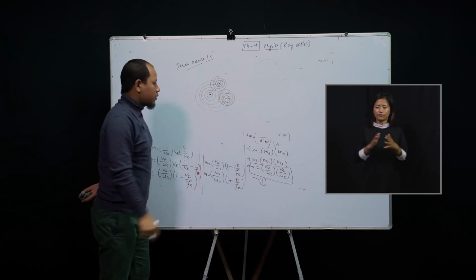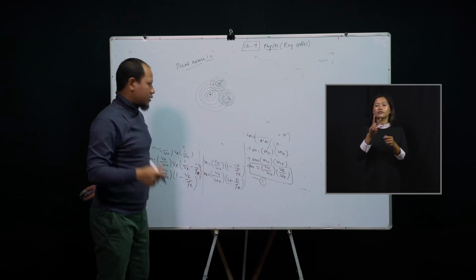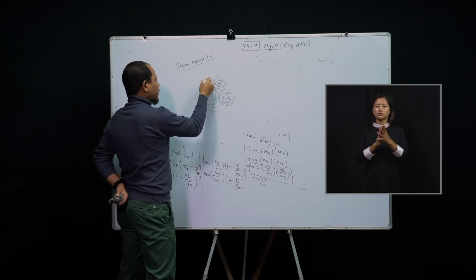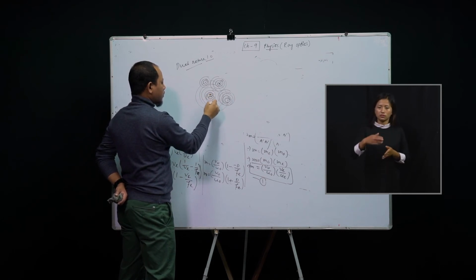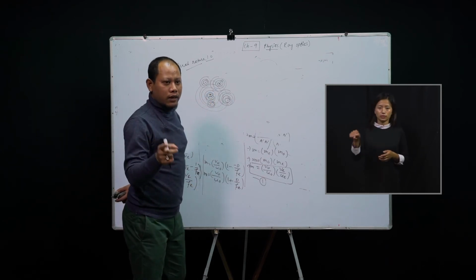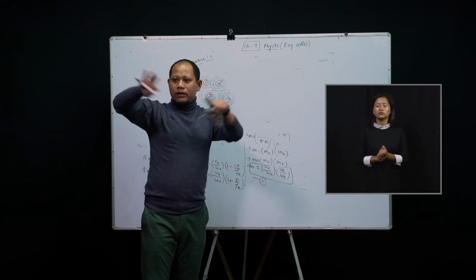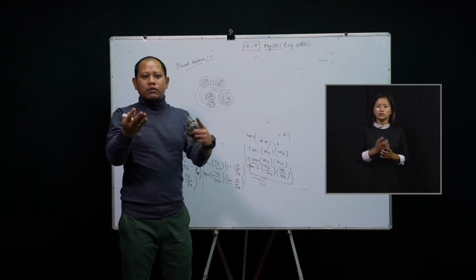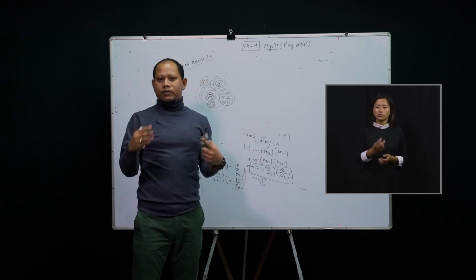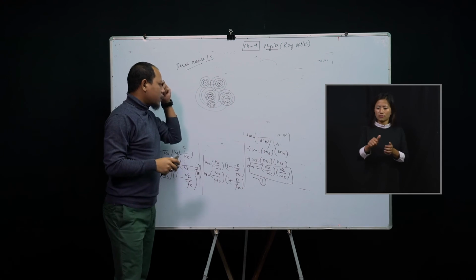These wavelets are called secondary wavelets. You get them everywhere. That is why when we switch on the light, light will spread out everywhere. That is why we can see any object from every side. This is how we get the different wavefront.